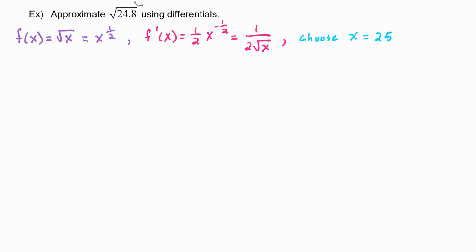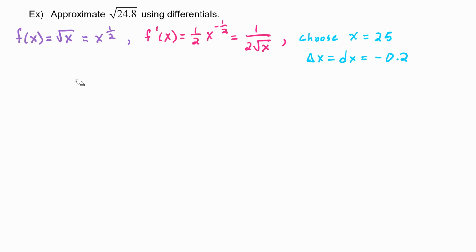Well, if x is 25, then delta x, which is the same as dx, would have to be negative 0.2, because to get from 25 down to 24.8, we have to take away 0.2.